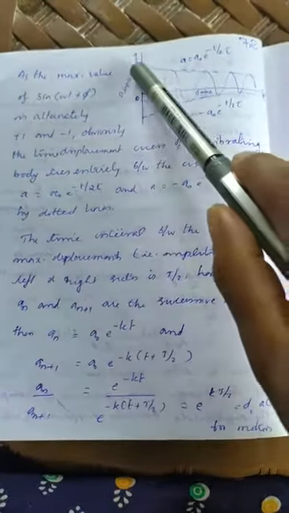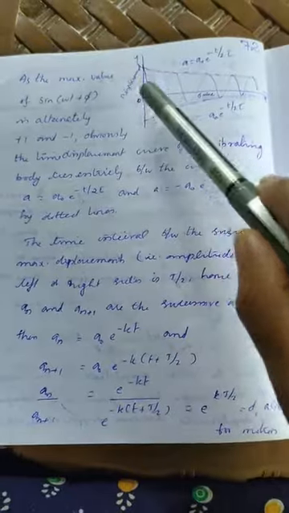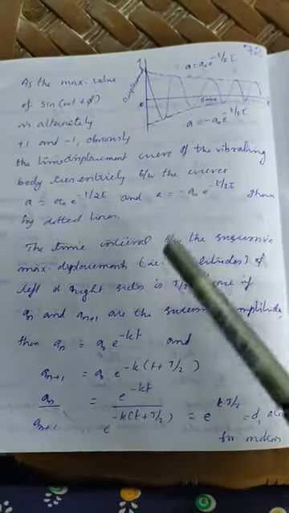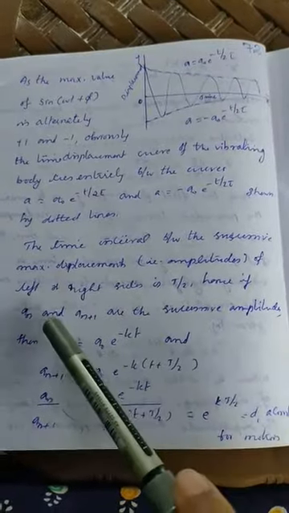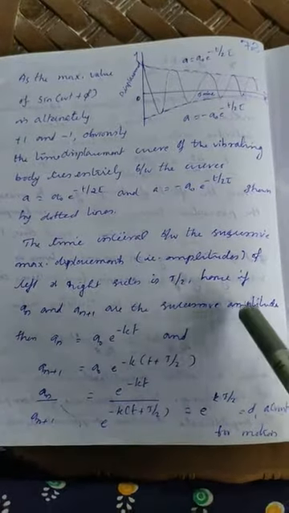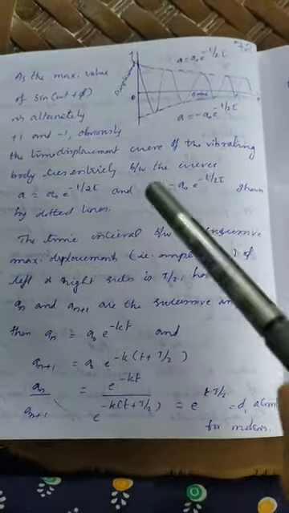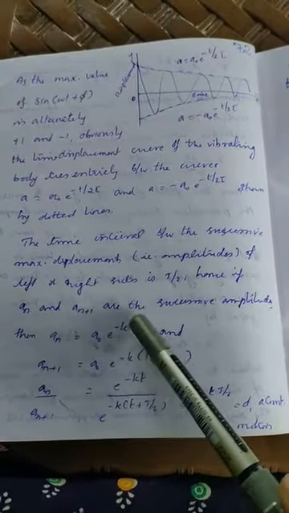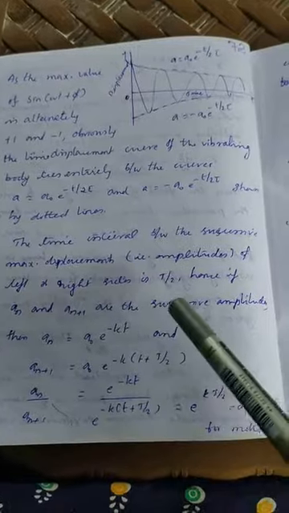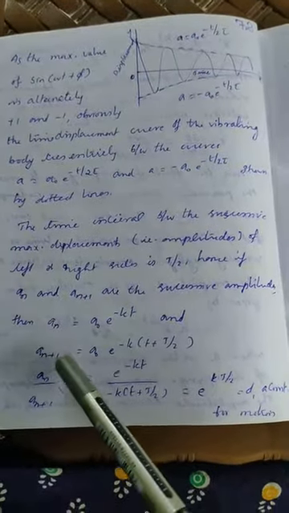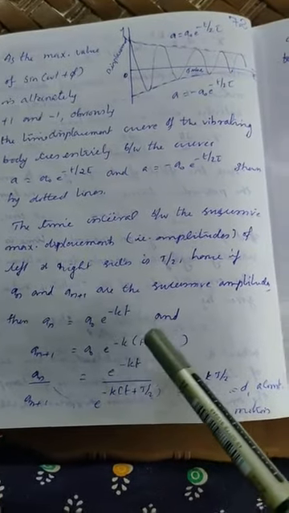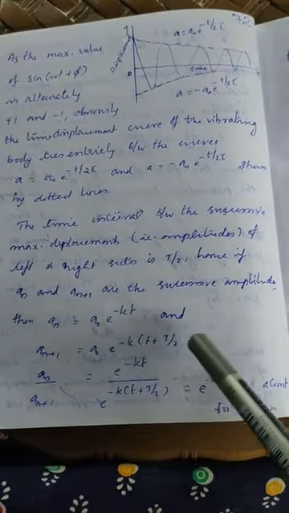So this is t. So the time interval between this is t by 2. That's what we mean. Hence if an and an plus 1 are the successive amplitudes, then an is equal to a0 e to the power minus kt, and an plus 1 is equal to a0 e to the power minus k(t plus t by 2).